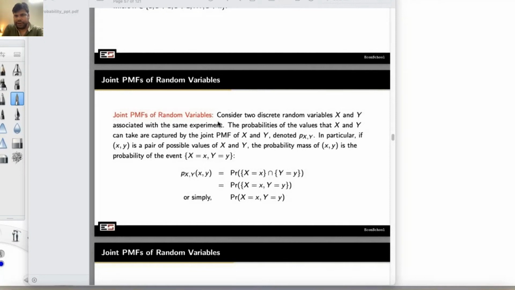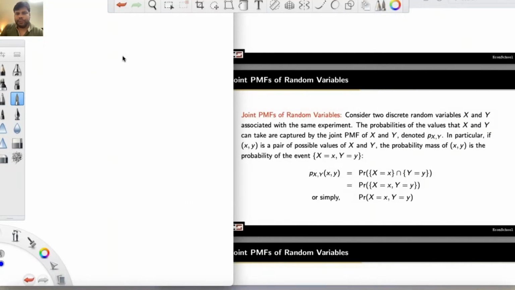So let me give you the definition of joint probability mass function of random variables. Joint PMFs of random variables are basically defined in this way. Suppose I'm interested in the joint PMF of X and Y. This is the notation that we'll be using, and the input is going to be an x value and a y value.